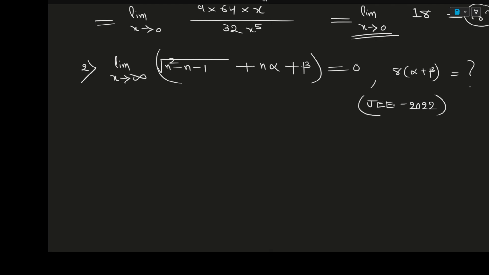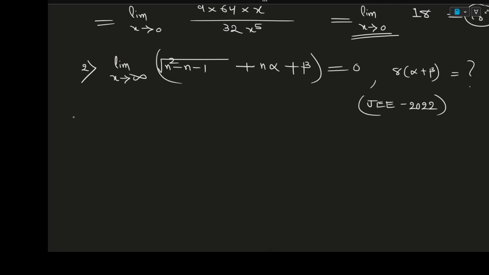Okay, so before solving this question, we have to analyze the given data. So limit of this function when x tends to infinity, it will be 0. So we have to check what sort of indeterminate form is arising here. Okay, so it is infinity minus infinity.